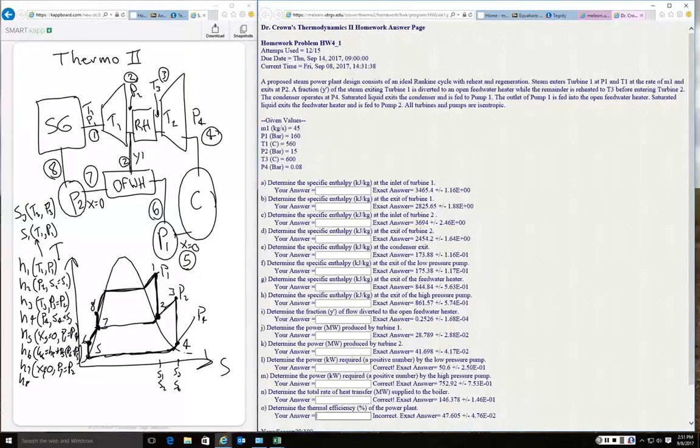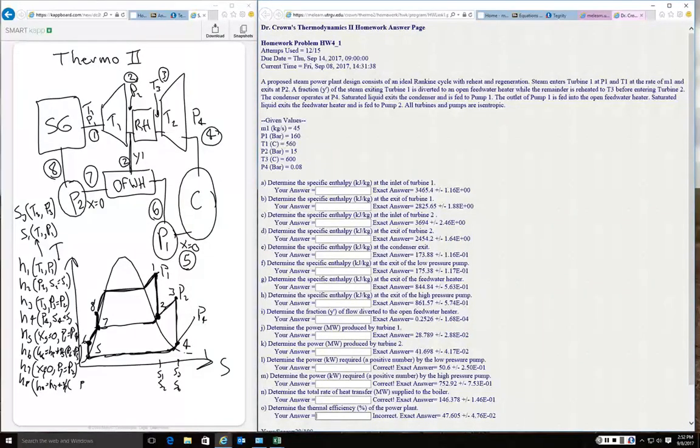State 8, H8 equals H7 plus specific volume, state 7 times P8 minus P7.